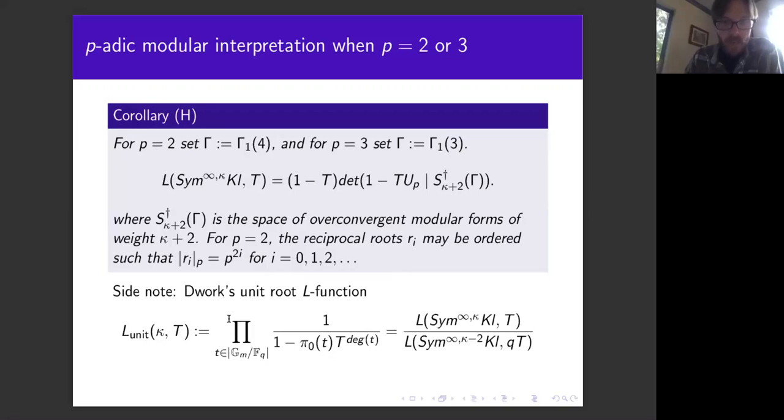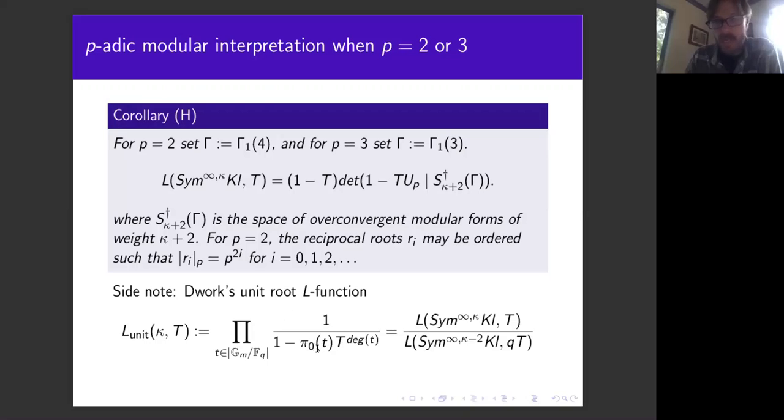I'll just give a quick side note here that Dwork has some conjectures on something called the unit root L function. And I just want to mention this on the side in case anyone is interested. His unit root L function is defined to be this Euler product here, where all you do is take the one p-adic unit root and take the Euler product of all of those.